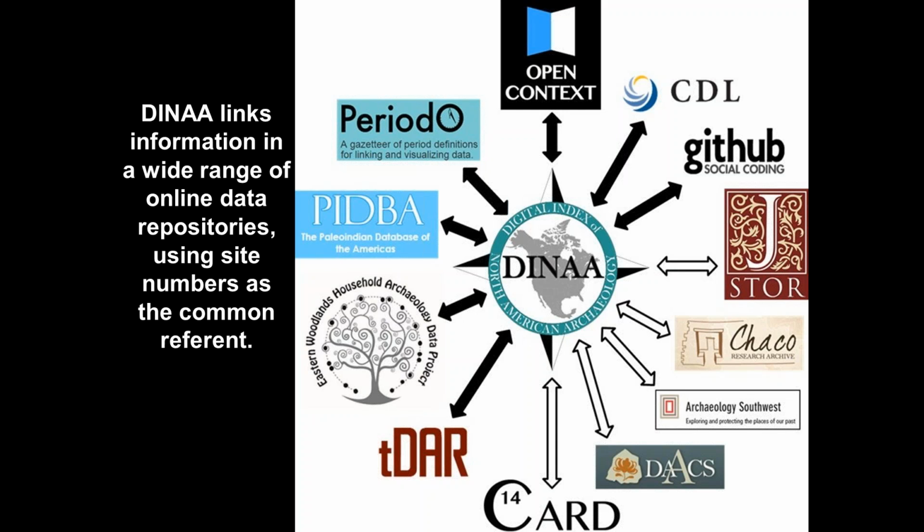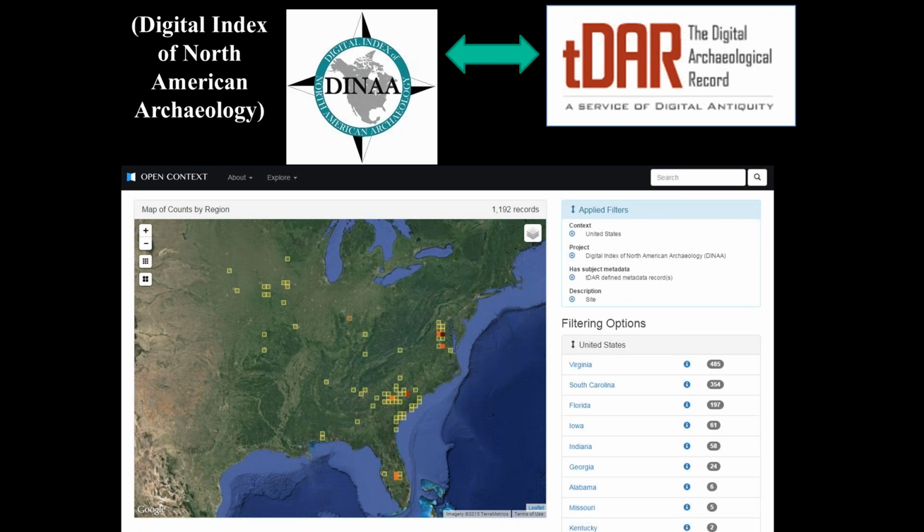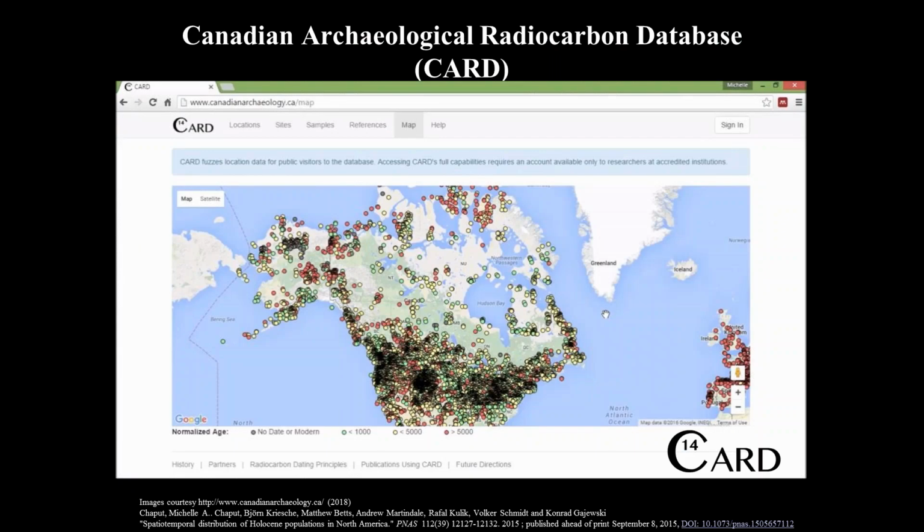Repositories with information currently indexed in DINAA include tDAR, or the Digital Archaeological Record, a major curation repository of reports, data, and bibliographic references related to archaeology. The radiocarbon dates in CARD, a global repository, so a comprehensive radiocarbon database.